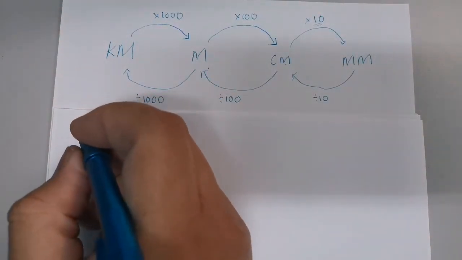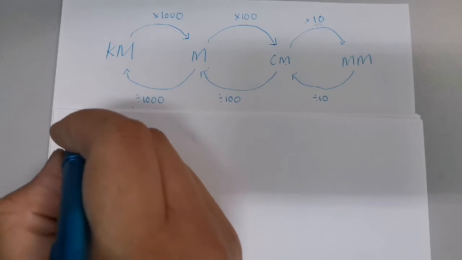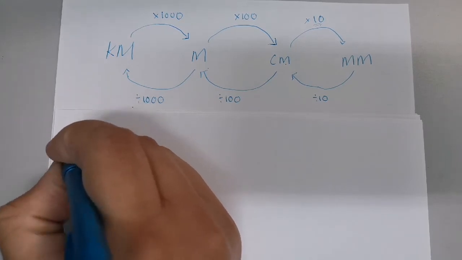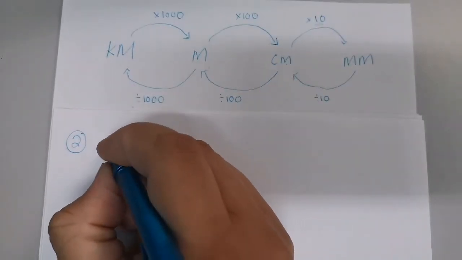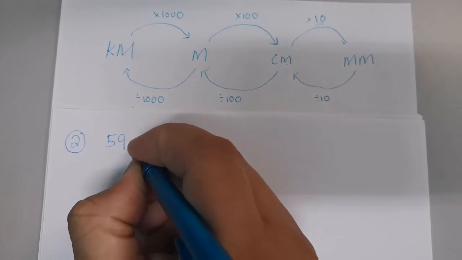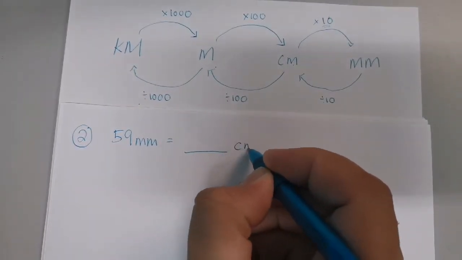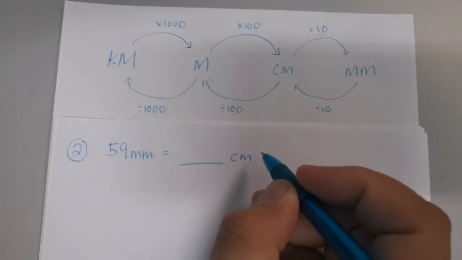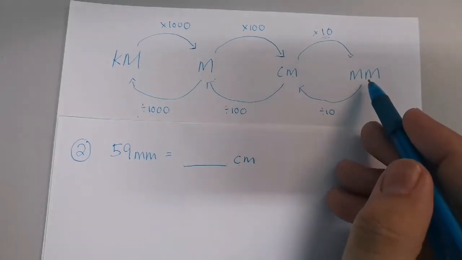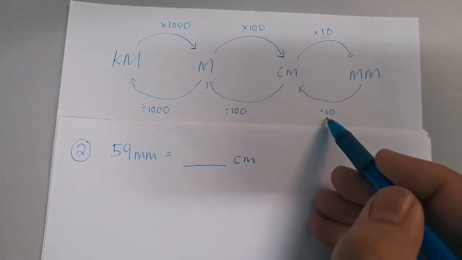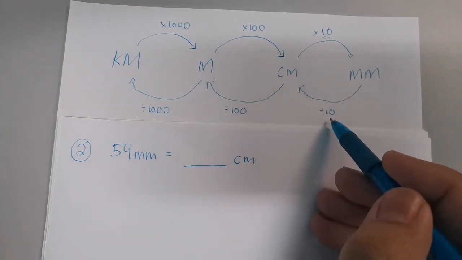Now let's move to another example. Example number 2. Let's convert 59 millimeter to centimeter. Based on the formula here, millimeter to centimeter, you will need to divide by 10.